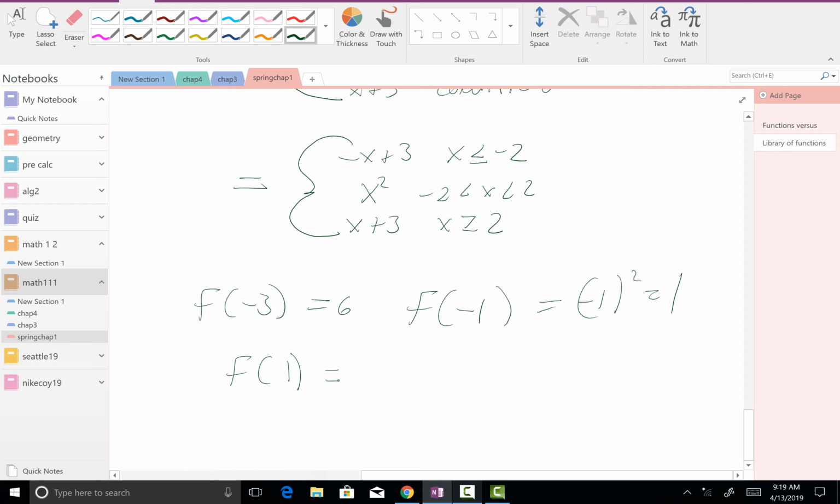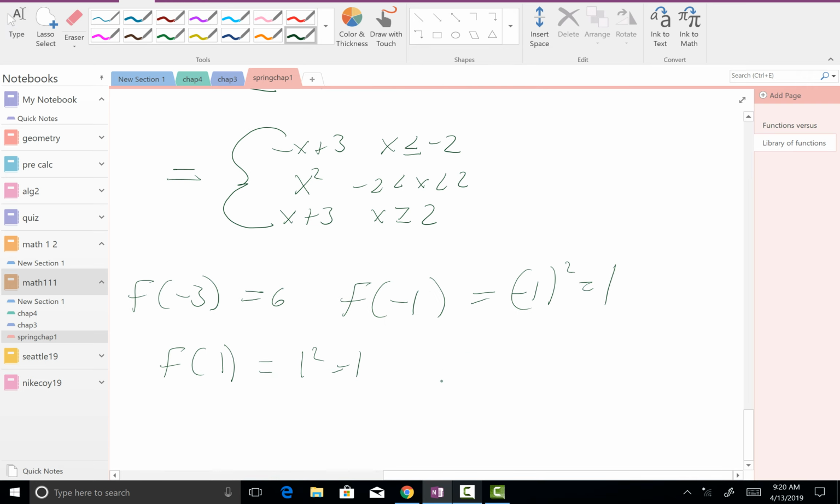What condition does that one meet? Middle again. So that's 1 squared, or 1. All right, and then f of, let's go with 3. All right, which condition does that one meet? The bottom one, right? And then we would just get 3 plus 3, which is 6. Okay? So that's how a piecewise function works.